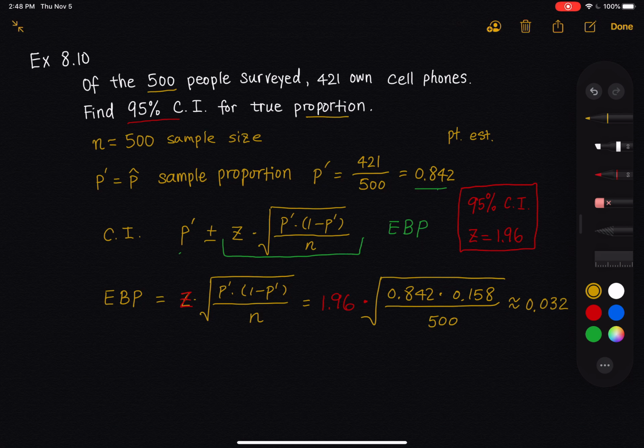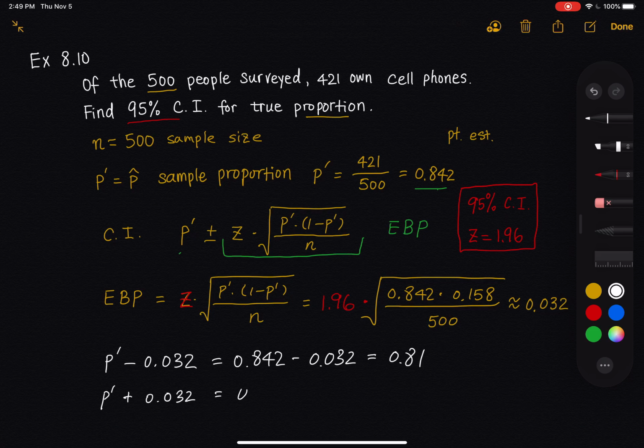Then you need to subtract this number, 0.032, from p hat or p prime. In our case, 0.842 minus 0.032 gives 0.81. And if you add this number to the point estimate, you get 0.874.